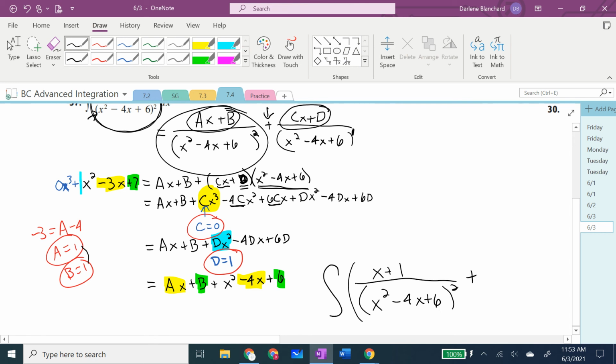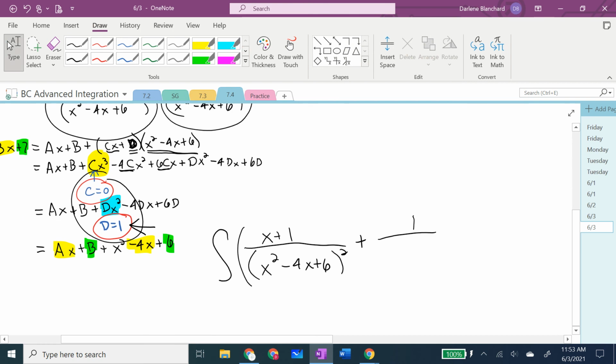Cx plus d turns into just the number 1 over its denominator. And here we are.